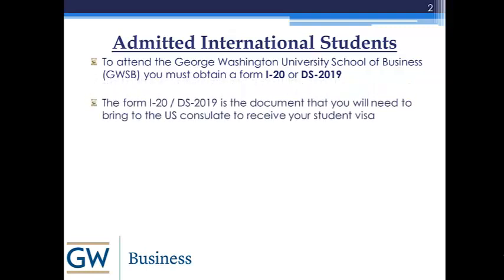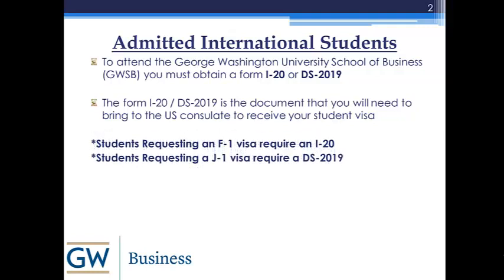The Form I-20 or DS-2019 is a document issued by the school that allows you to apply for a student visa at the United States Consulate in your country. Students requesting an F1 visa will need a Form I-20. Students requesting a J1 visa will need a Form DS-2019.